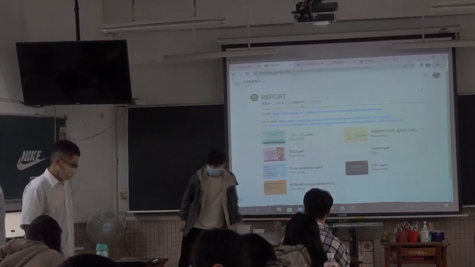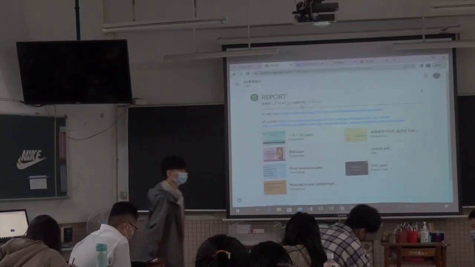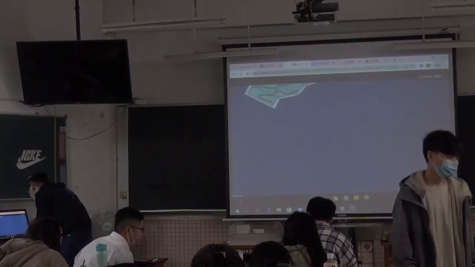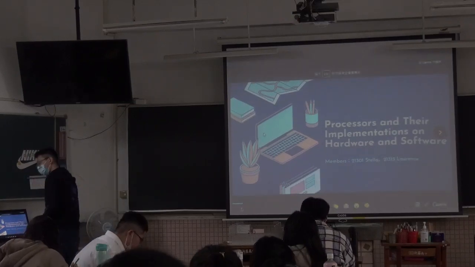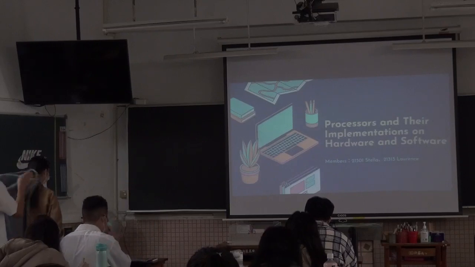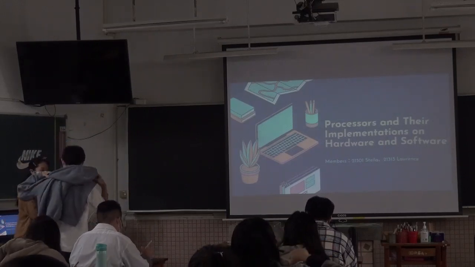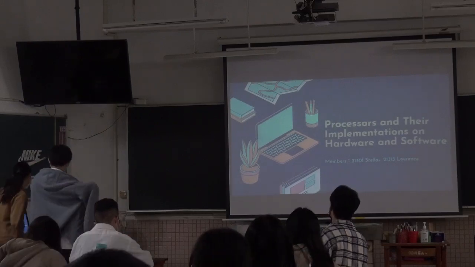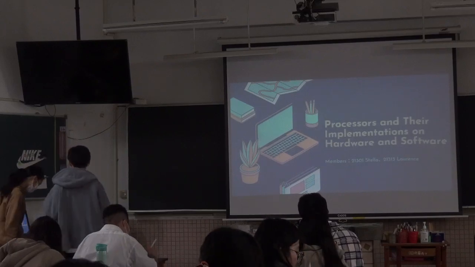Now, Stella, Lawrence, your turn. And group 6, Derek, Mario, Fred. Get ready, please. The girl is Stella, the boy is Lawrence.